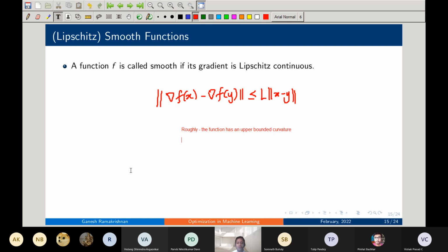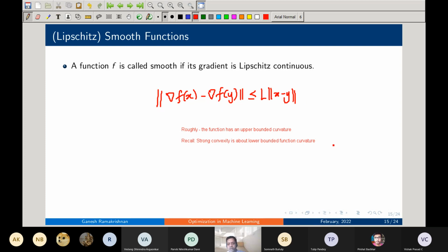In strong convexity, the rate of change of the function is at least so much, which is about lower bounded curvature. There should be some gap above a quadratic. This is exactly the other way; it's saying upper bounded curvature.